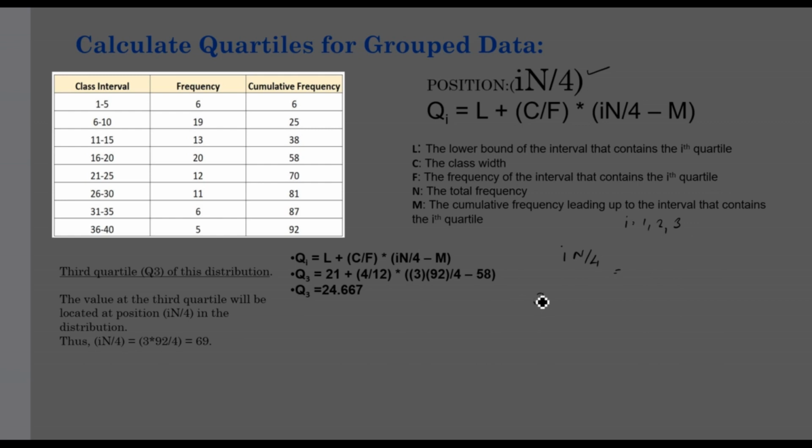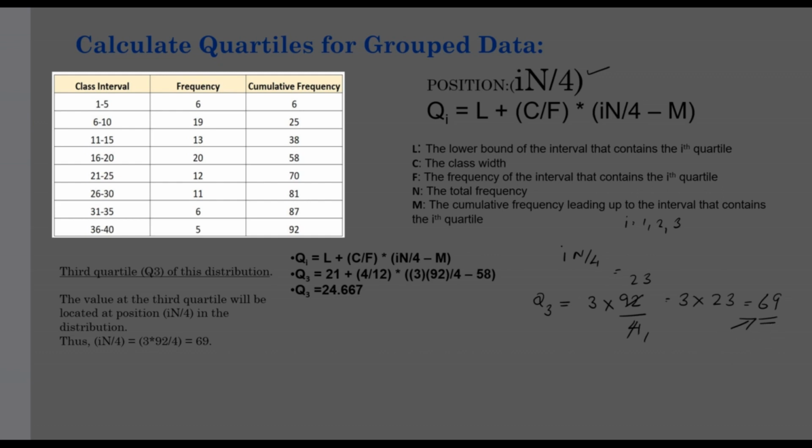Now let's assume that we want to calculate Q3, so i equals 3. 3 into 92 divided by 4: 92 divided by 4 is 23, so 23 times 3 is 69. After finding this index value, we want to check in which class interval it lies.